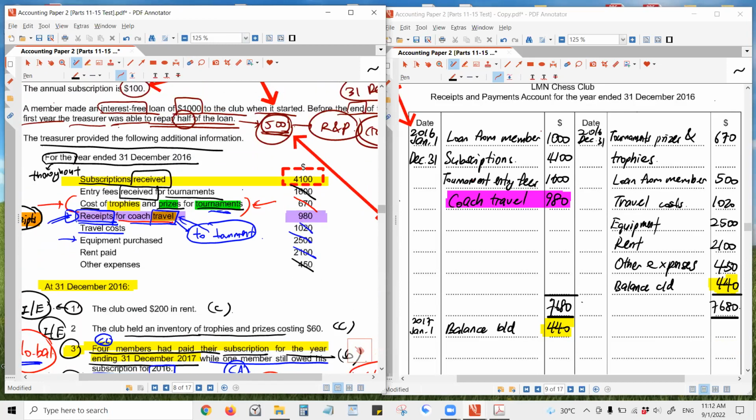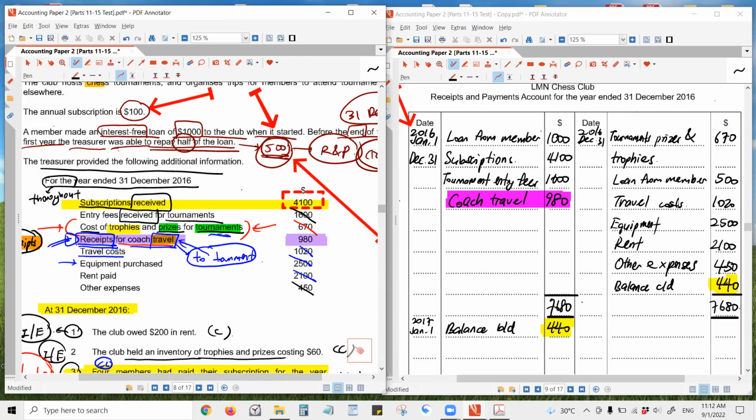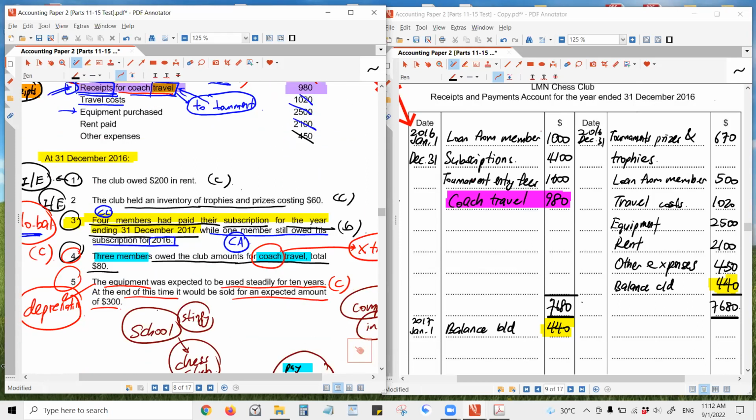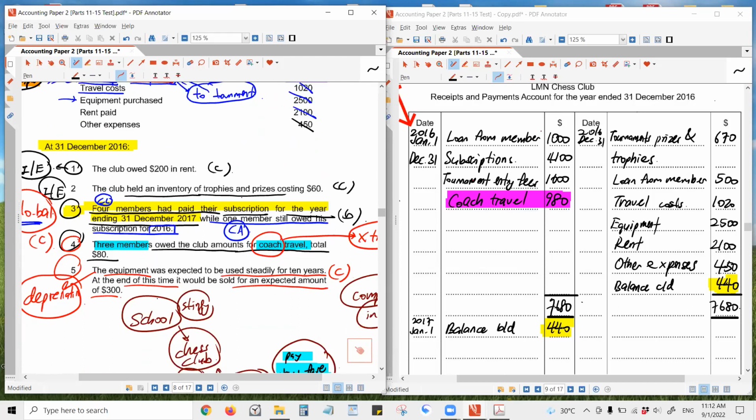Also see the question if there's any related number for this coach travel before you take this. Additional info. There's no other number about coach travel. Oh, yes, there is one. Can see info number 4.